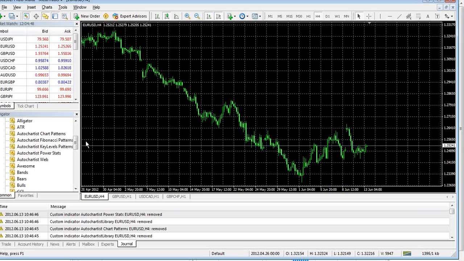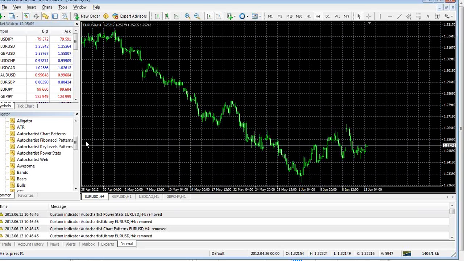It doesn't look like the screen is refreshing, and I'm wondering why that is. I hope everyone can see my MetaTrader screen. Yes, Ilan, we can see your screen, the MetaTrader. You can? Okay, fantastic.